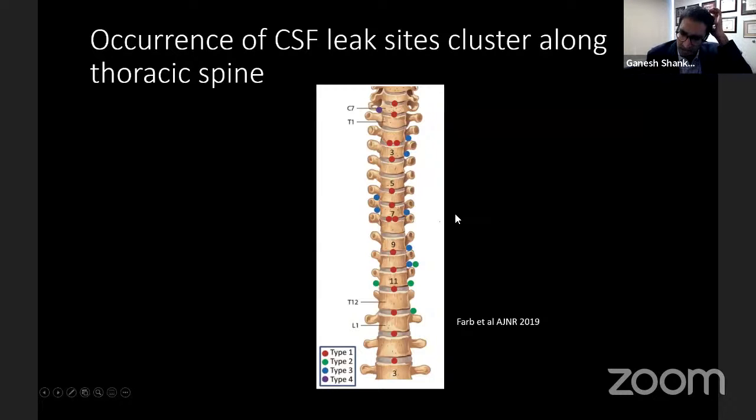Where do these occur? And this study here, I would say, mirrors my own experience in terms of where we find them most commonly. Type 1 leaks occur, as shown in the red dots, usually along the thoracic spine. Type 2 leaks usually occur off a large nerve root diverticula that often occurs in the lower thoracic spine or the upper lumbar spine, and CSF venous fistulas occur usually along the thoracic spine, and I'll present a case that occurred at L1, L2.